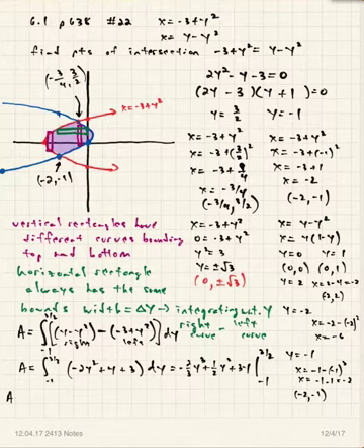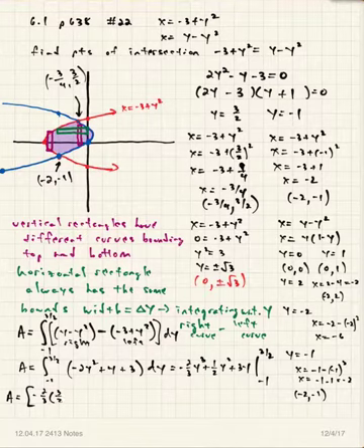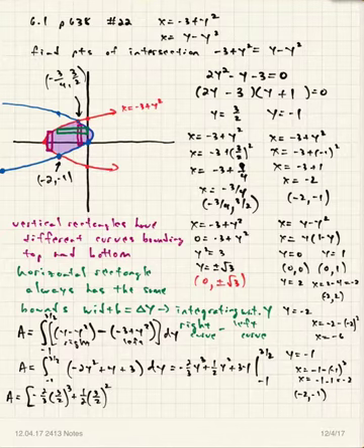At the upper limit, put brackets around this, you're going to get -2/3 times 3/2 cubed plus 1/2 times 3/2 squared plus 3 times 3/2.